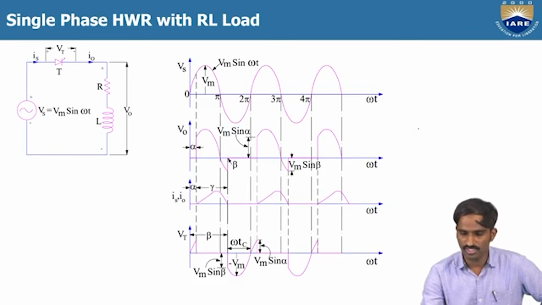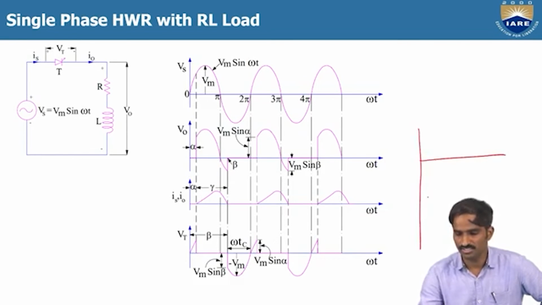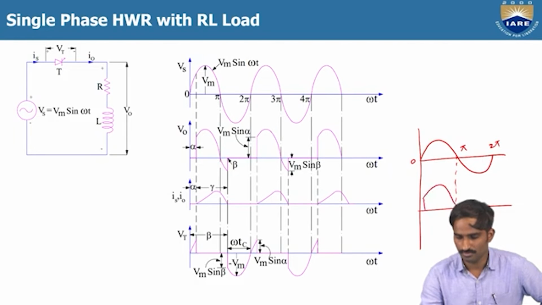But before that, as you can see here, in the case of R load, the output voltage waveform is like this, with 0, pi, 2 pi, and the current also has the same waveform, similar to the output voltage.